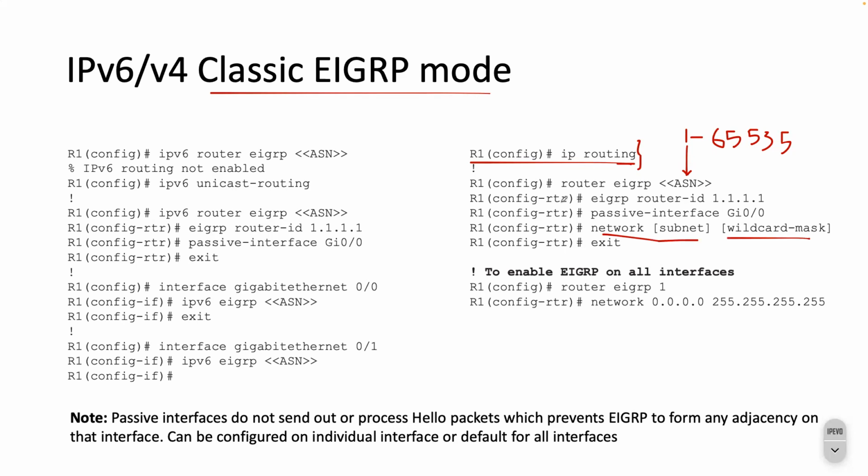Okay, guys, please pay attention to this network statement. The purpose of the network statement in EIGRP is to identify my local interfaces on which I want to run the EIGRP protocol, on which I want to send EIGRP hello messages.